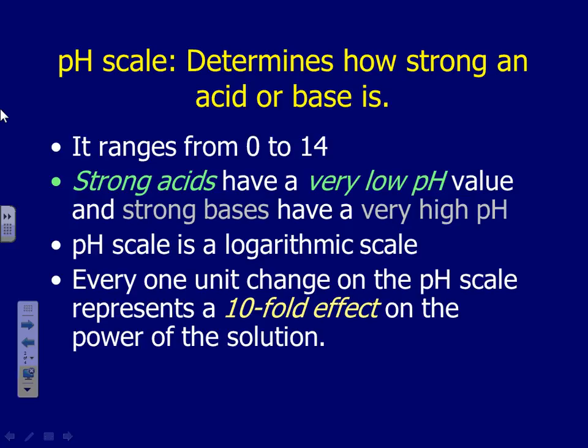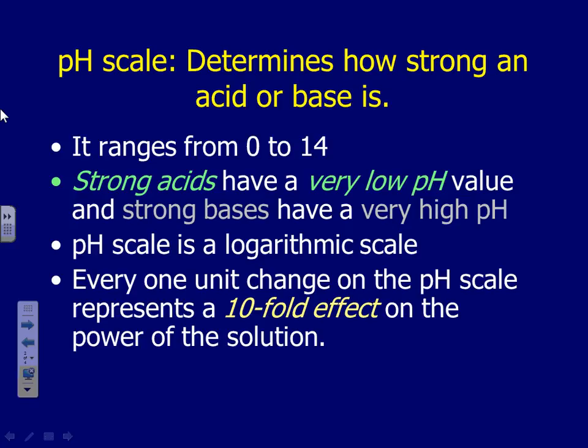So when we change the strength of an acid by 10 times, the pH number only changes by 1. The pH number is actually a measurement of the exponent on a power of 10. If I were to write this as an exponent, this would be 10 to the 0, right? Because 10 to the 0 is 1. Anything to the exponent 0 is 1 from mathematics.